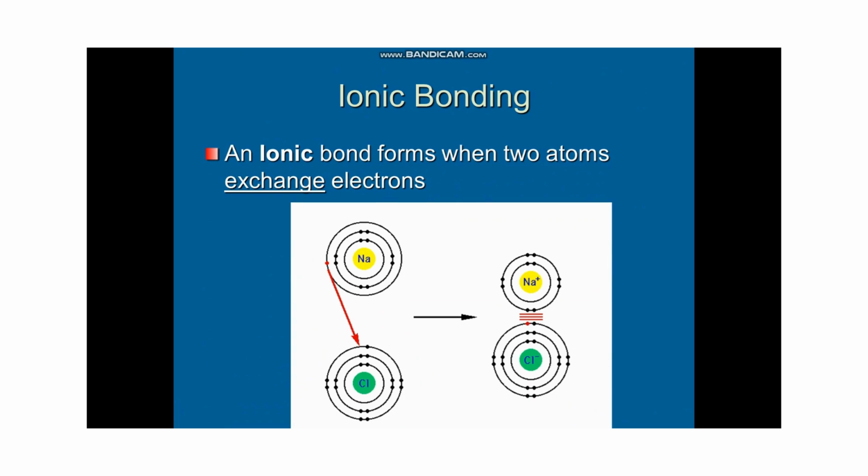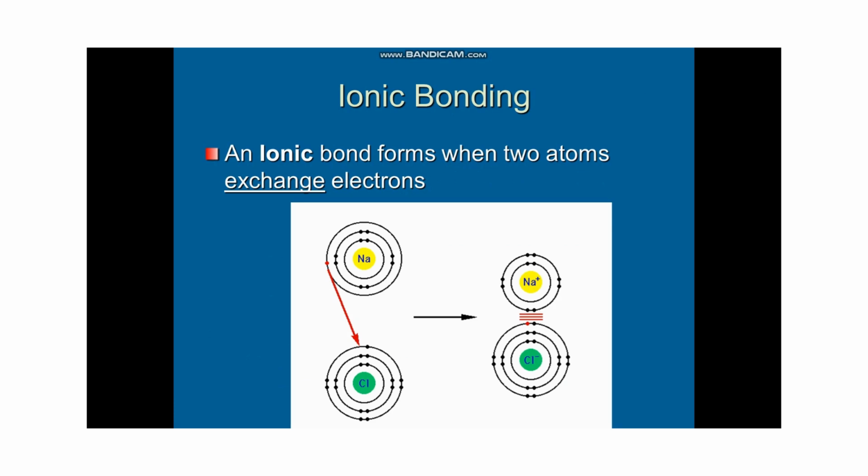And the other atom, that is a non-metal, is receiving that electron. For example, over here you could see sodium is a metal. It has one electron in its outermost shell, and chlorine is a non-metal and it has 7 electrons in its outermost shell. So sodium can easily give away the electron completely to the chlorine.